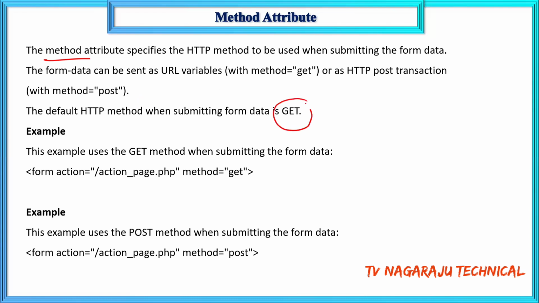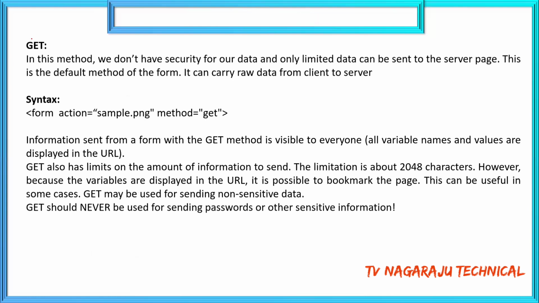One is the get method. The second one is the post method. What is the difference between these two? First, with the get method, we are sending the data without any security, and at the same time only a limited amount of data can be sent.